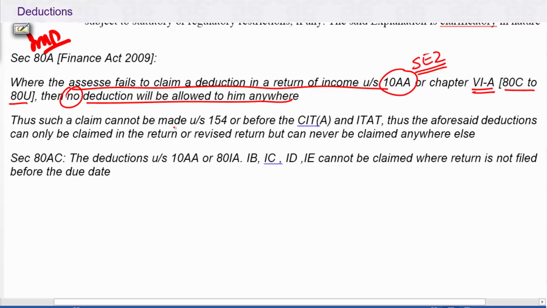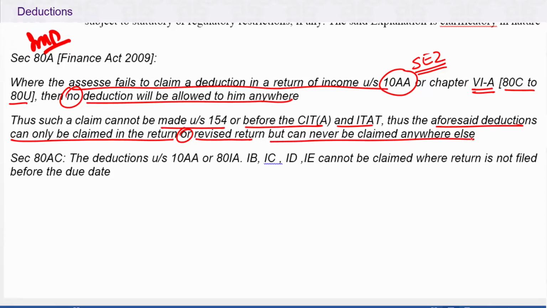Thus, such a claim cannot be made under section 154 or before the CIT appeals and ITAT. Thus, the aforesaid deductions can only be claimed in the return or revised return, but can never be claimed anywhere else. So what you need to remember is you will need to claim it, and if you forget to claim it, you cannot claim it later.